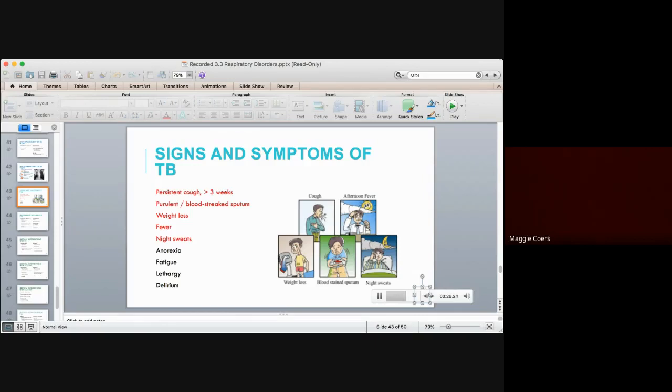The chest X-ray also is used for screening. So we get these screening tests, we look for signs and symptoms. If it's a positive screen, if it's positive symptoms, then we would go for diagnostic. And we're going to talk about the diagnostic for tuberculosis on the next slide.